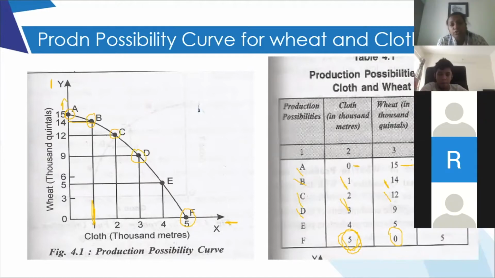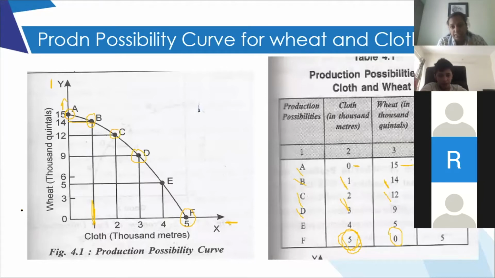Now what do you see when you look at the production possibility curve? First is that it has a positive slope. Second thing that you see is when you increase the production of one, the production of the other commodity decreases. It does not happen that you increase the production of one and the other commodity's production either remains the same or increases with it.